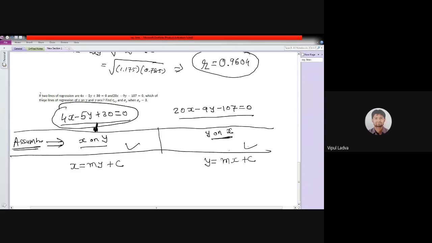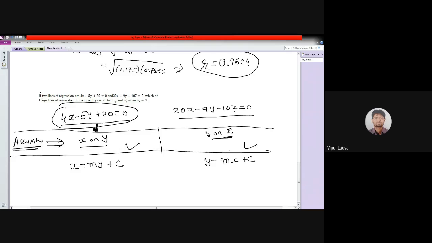But if one of the regression properties is not satisfied, if there is any contradiction over the regression properties, then we are sure that our assumption is wrong. In that case, there is only one other possibility. If this is not x on y, then it will be y on x. So we will be concluding after a single attempt.